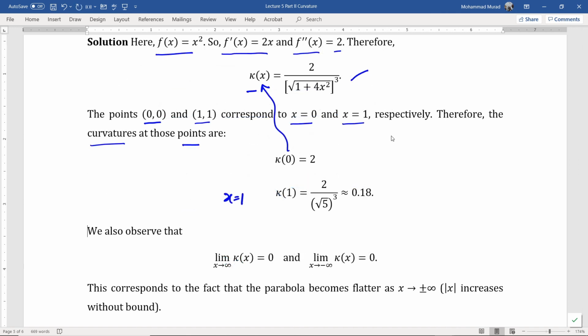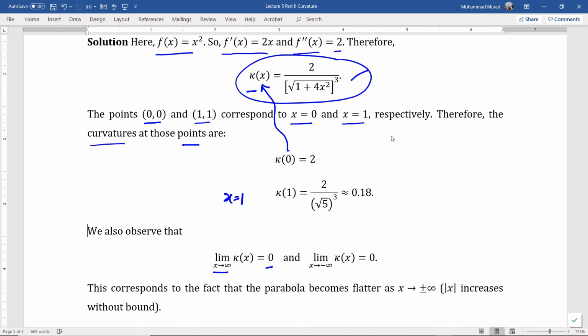We also observe that the curvature function here has the property that the limit of the curvature as x approaches plus infinity is 0.